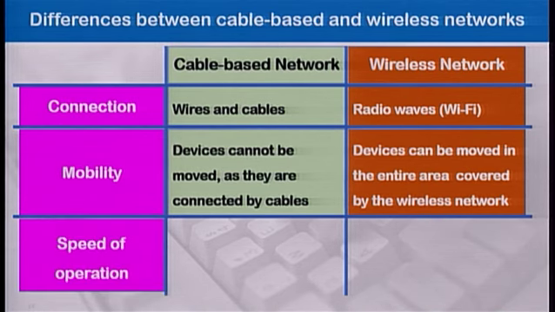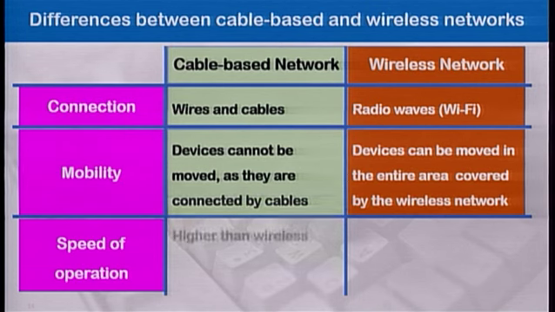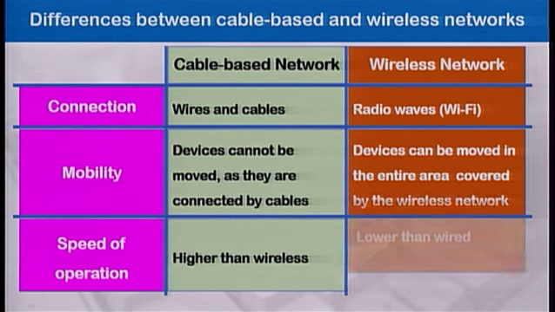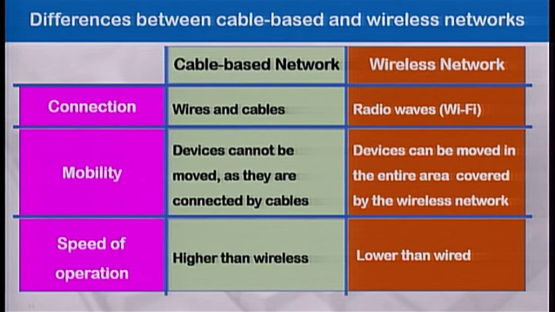Speed of operation. By speed of operation, we mean how fast data can travel through the network. Data travels faster in a cable-based network. In a wireless network, data travels at a lower speed than in cable-based networks.